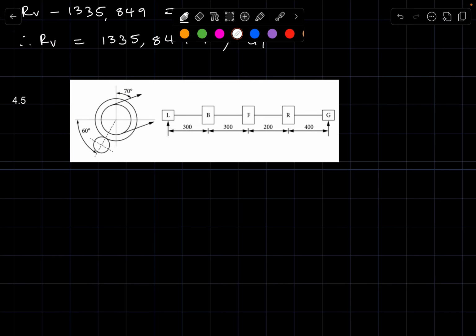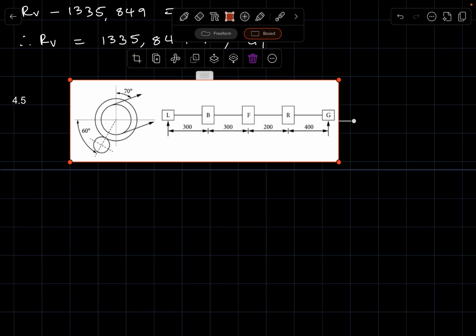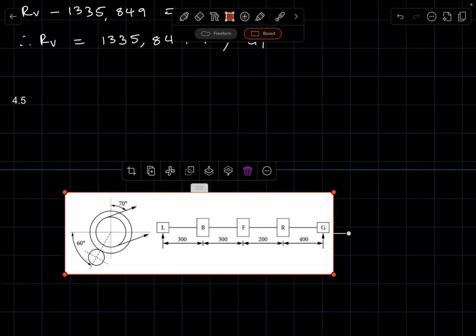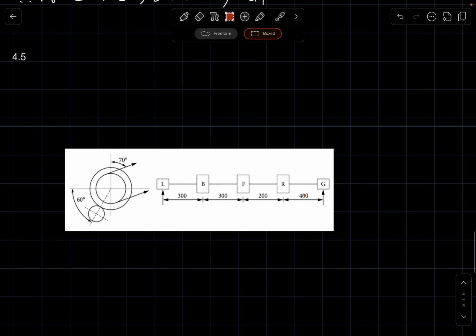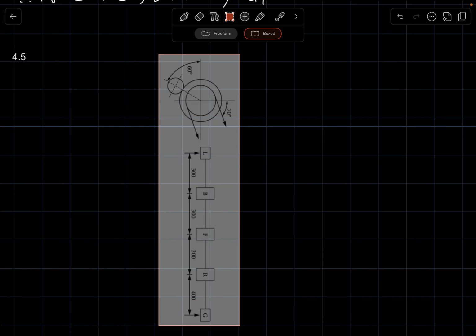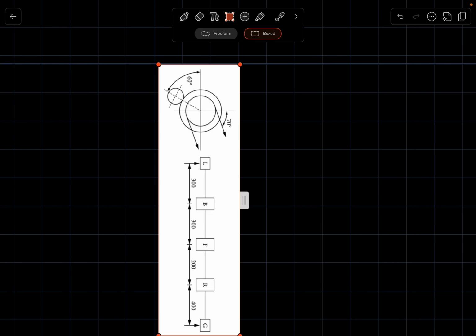Now you have two choices here. You can draw your beam horizontal, and then take things from there.